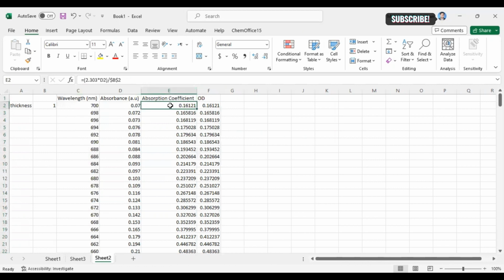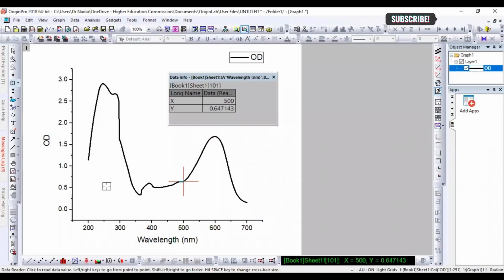First of all, calculate the absorption coefficient by multiplying absorbance with 2.303 and dividing it by the thickness. This will give you absorption coefficient, and then optical density is the absorption coefficient multiplied by thickness. This will give you the optical density. Then plot these two in Excel.